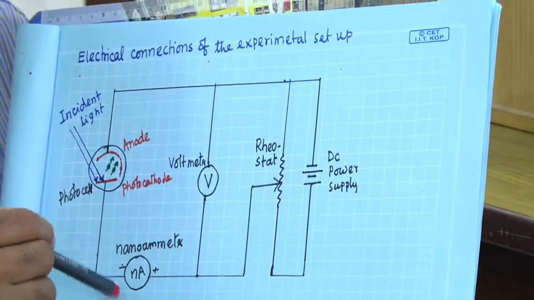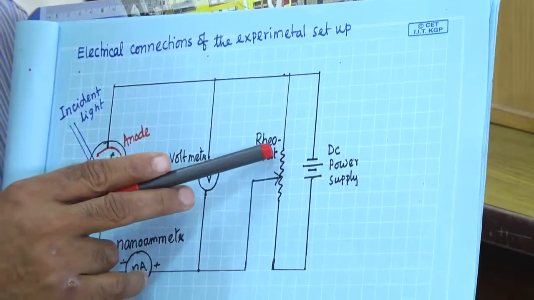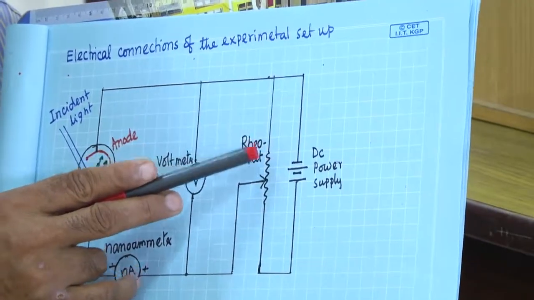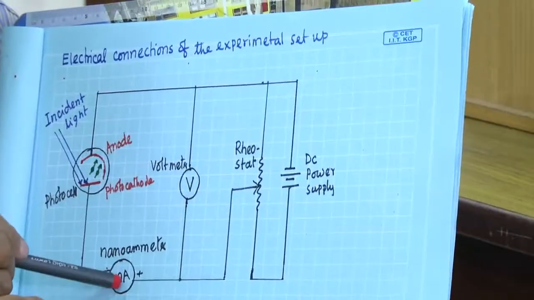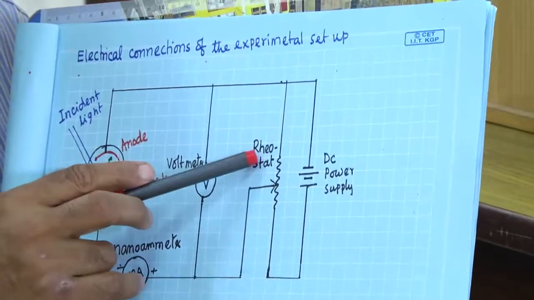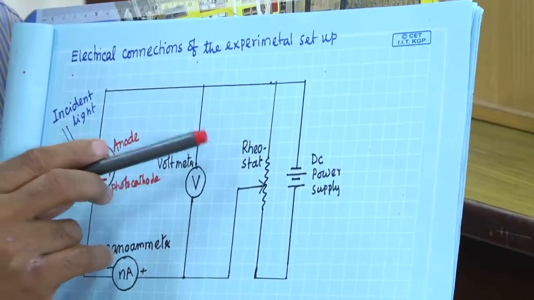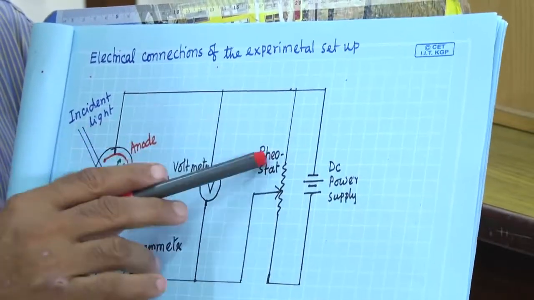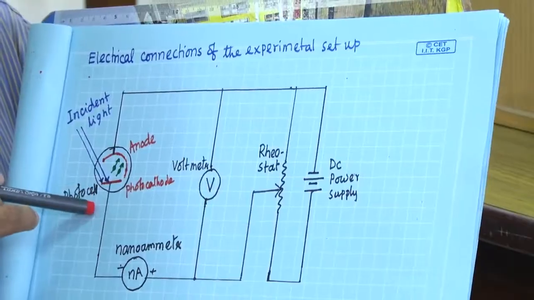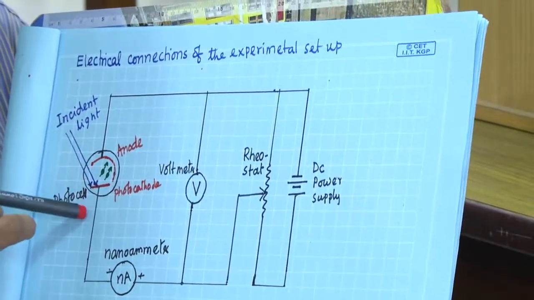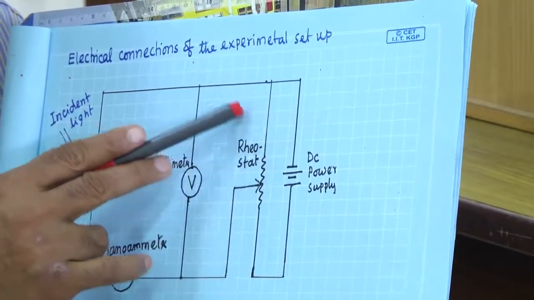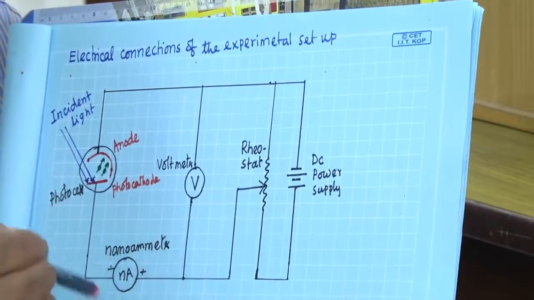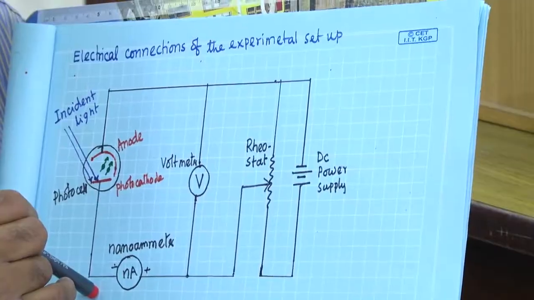The current will decrease, and we will get a particular voltage where this current will be 0. That voltage we will take as the stopping voltage, whatever the equation we have used. So, for different wavelengths, different frequencies of light, we will find out the stopping voltage from measuring the photocurrent.